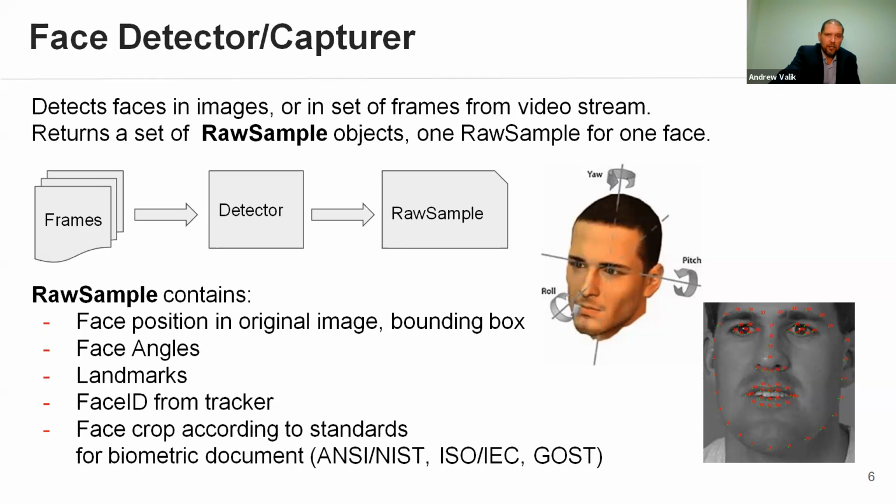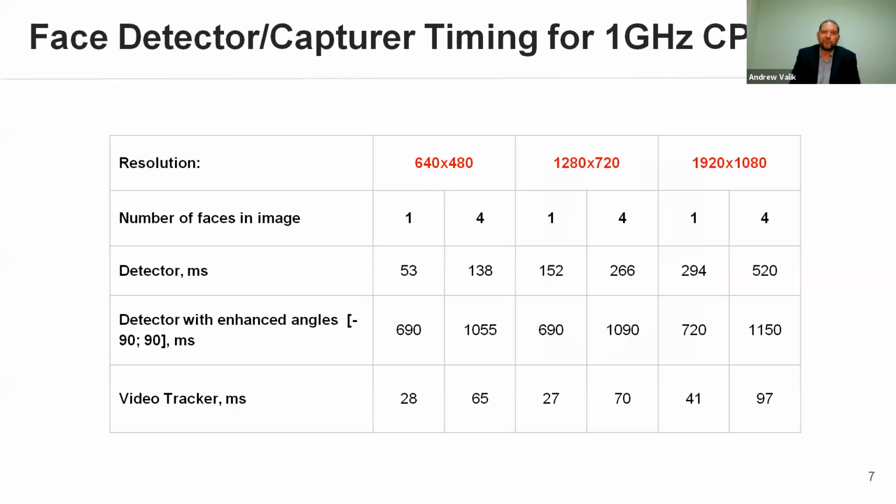And next, this is the timing for the detector. You can see that the detector takes a few hundred milliseconds to detect faces in a full HD or simple HD image.